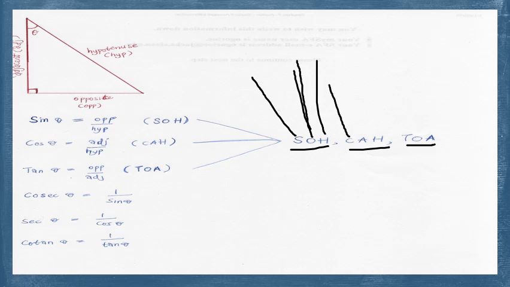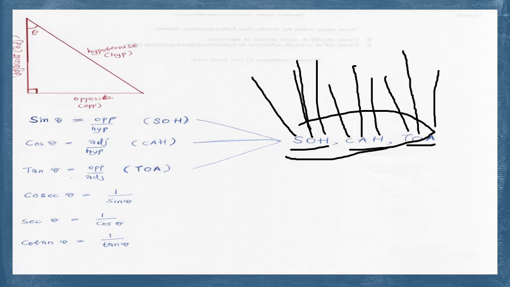The CAH tells you that the cosine of any angle is the adjacent side of that triangle divided by the hypotenuse side. And TOA tells you that the tangent of whatever angle you're working with is the side opposite the angle, divided by the adjacent side. Again, the acronym is SOHCAHTOA.